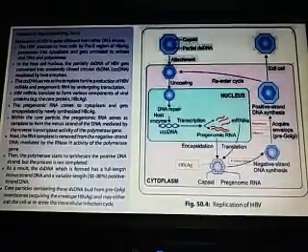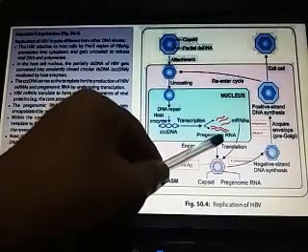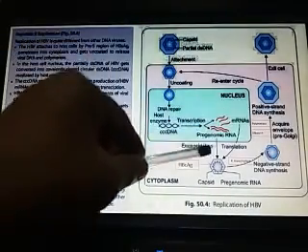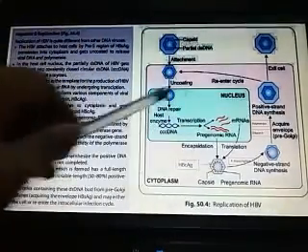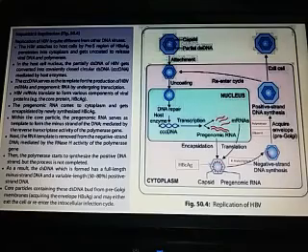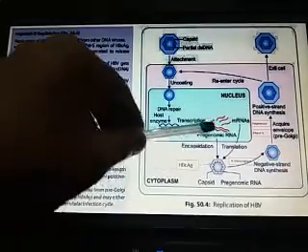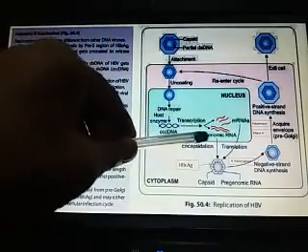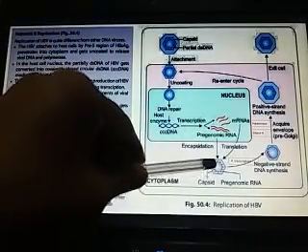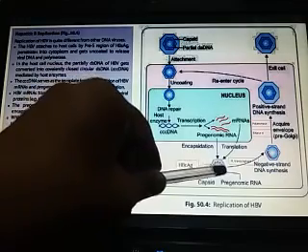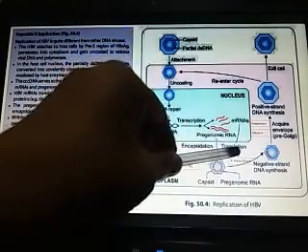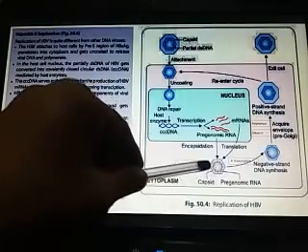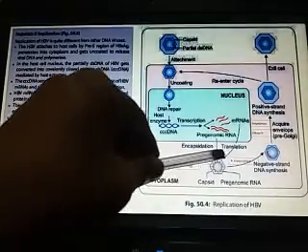This pre-genomic RNA is released from the nucleus into the cytoplasm and gets encapsulated in the core protein, which is synthesized by translation through this mRNA, that is the capsid.